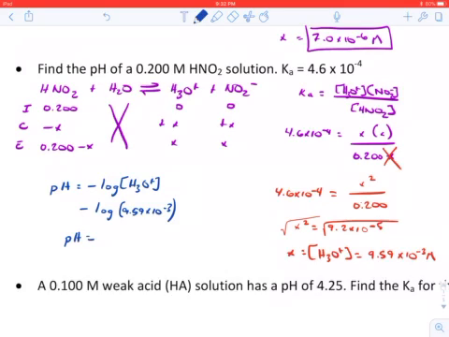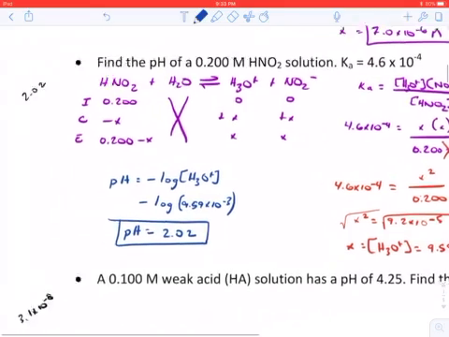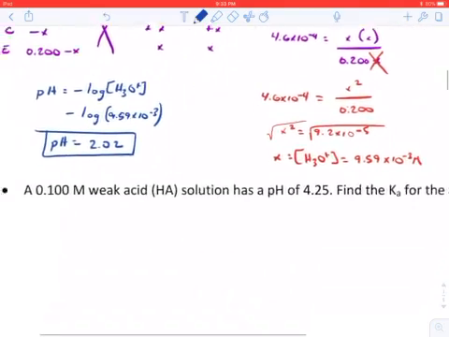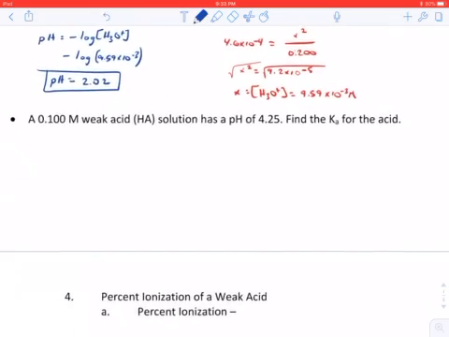And this should give us our pH. That should give us 2.02. And there we have it. That's actually the correct answer, but sometimes it won't be.